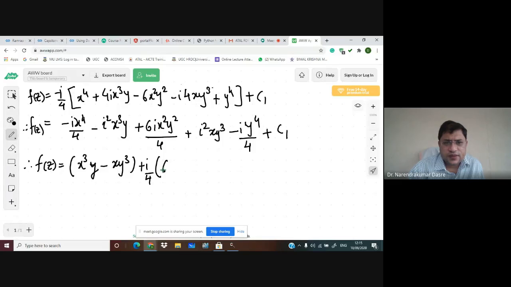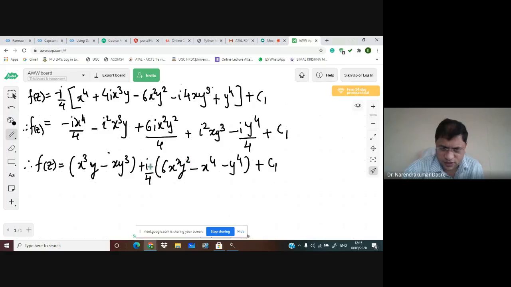So I get here 6 x square y square, minus x raised to 4, minus y raised to 4 and plus c1. Again, so here what we got is, we got a real part and we got imaginary part, and you can see exactly this is u. Okay, what was given to us. Okay, but here we are not interested in v, but we are interested in family of the curves.